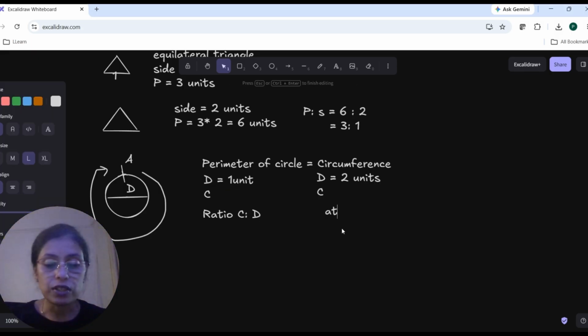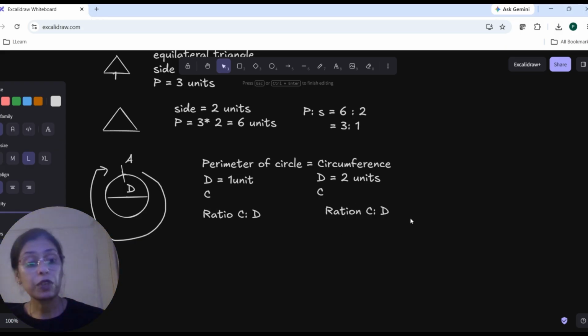Then for this particular circle, what is the circumference to diameter ratio? And when they continued with circles of different sizes, with different diameters, they were able to find out that this ratio is also a constant.